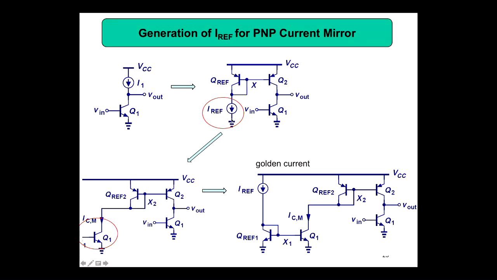You are grounding your band gap reference. In order to avoid that, we will use an NPN because this is from the point to the ground, we can replace this with another NPN. And then we design a current mirror for that one. Then that point you connect to the golden reference so that you are not connecting to the ground. So when you have a PNP transistor, you need an NPN current mirror. So that is a bit complicated. So PNP is always expensive to use because when you use PNP, then you need NPN.